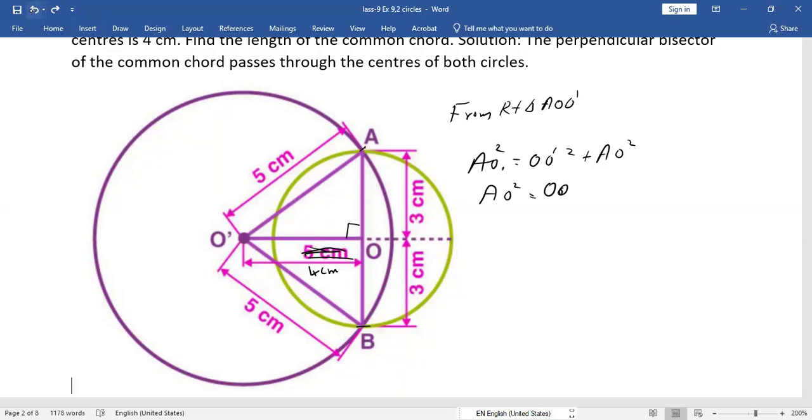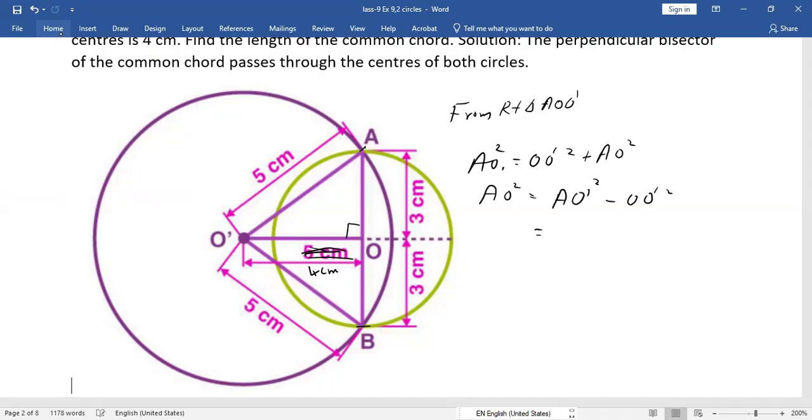Listen. This is AO square, AO dash square minus OO dash square. We need AO.